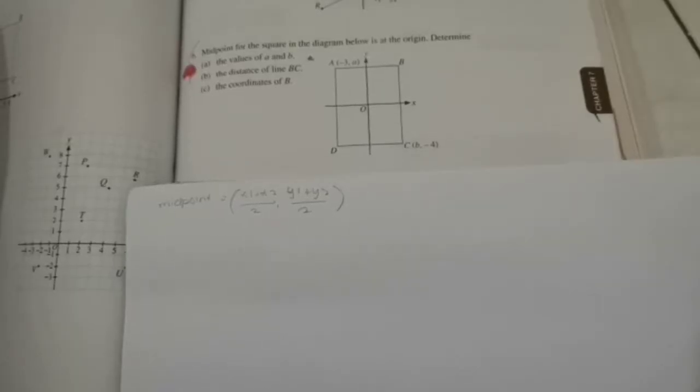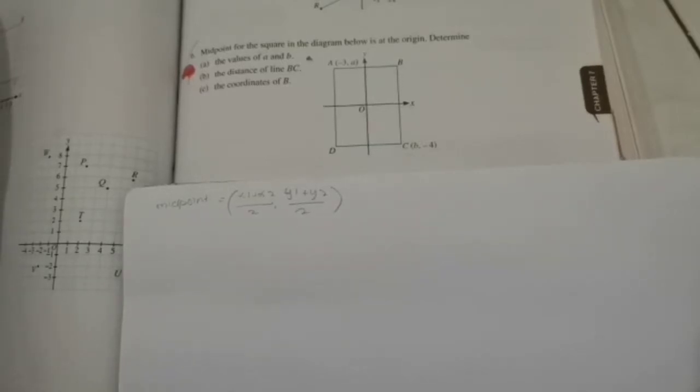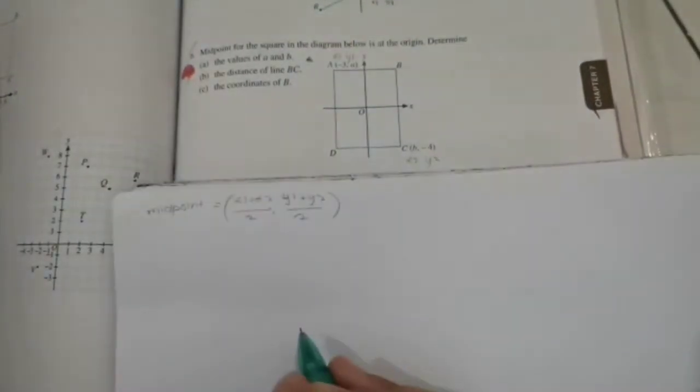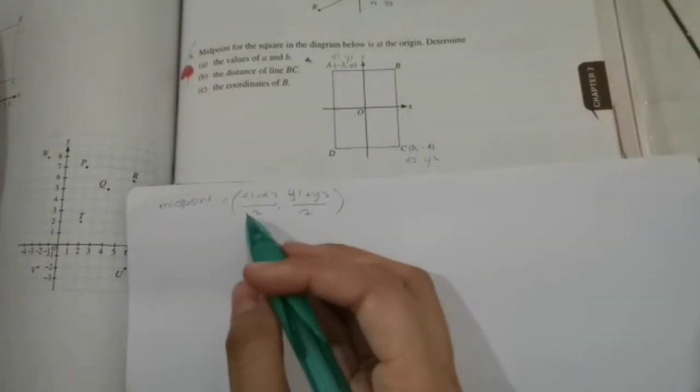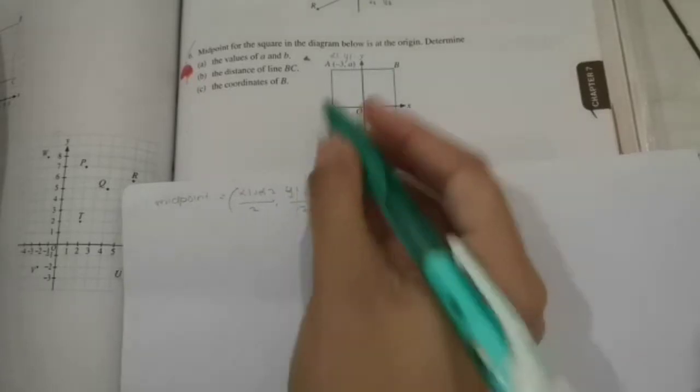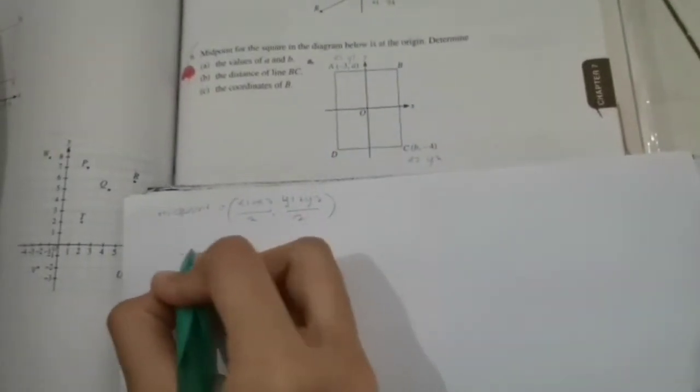The midpoint of the square in the diagram below is at the origin. Determine the values of A and B. Okay, so x1, y1, x2, y2. x1 plus x2, x1 is negative 3.